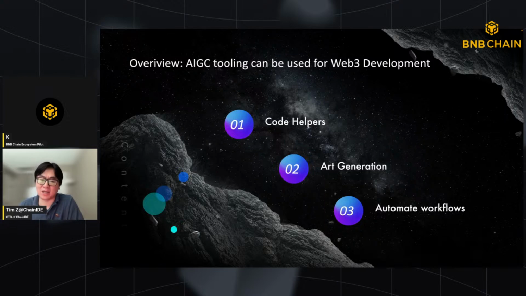The front end and back end are similar to Web2 DevOps, but smart contracts have a specially designed pipeline to run. So if we can have any kind of automated tools, such as AI or agents, that will be very helpful in accelerating development.